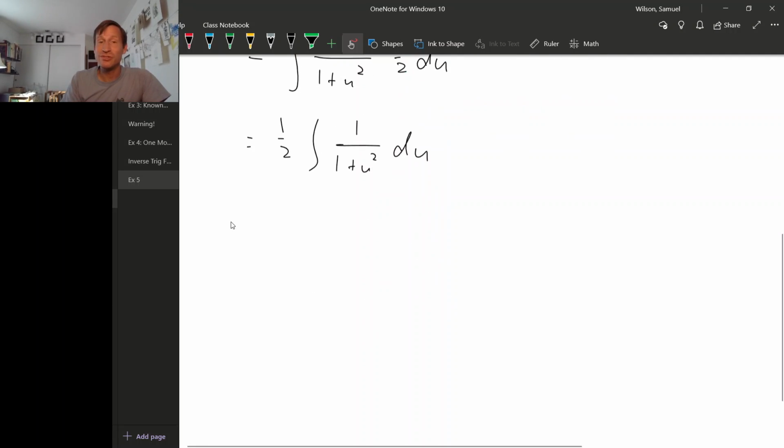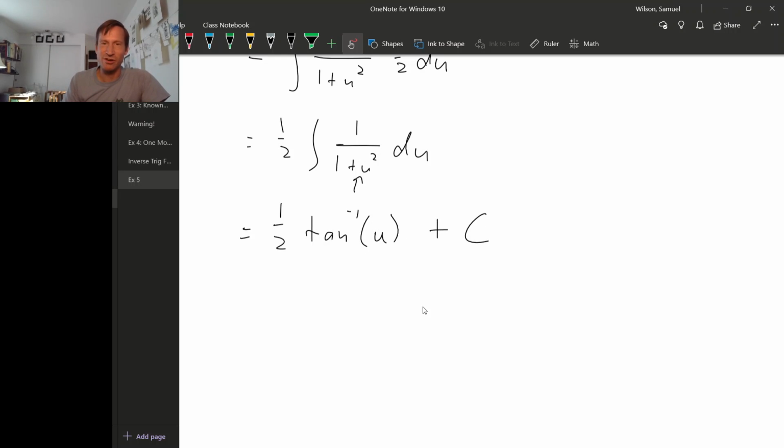And now we can use our inverse trig function knowledge. This integrand is the derivative of inverse tangent, and so the antiderivative is inverse tangent of u, of course, plus a constant as always. Now we did a u substitution, and this is an indefinite integral, so we need to undo our substitution to get back to the original variable, and we get 1/2 inverse tangent of x squared plus a constant.